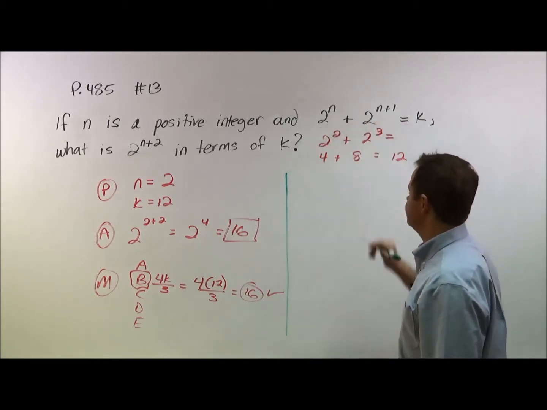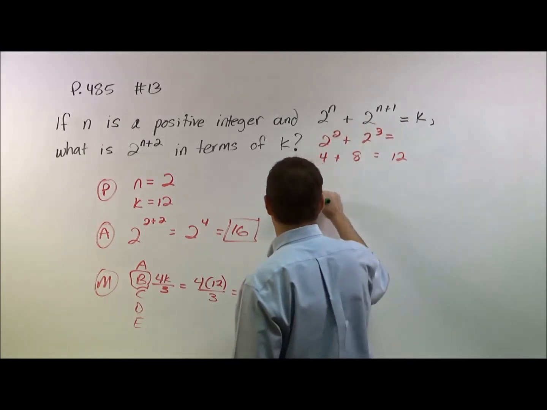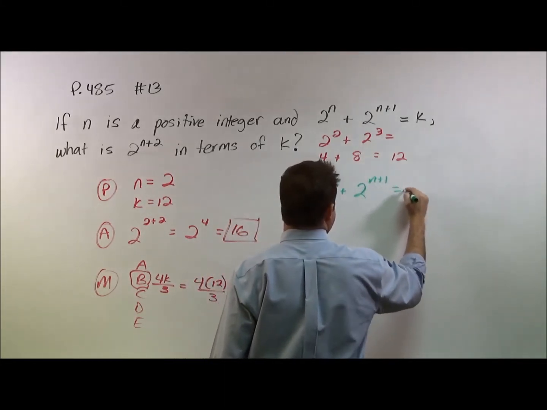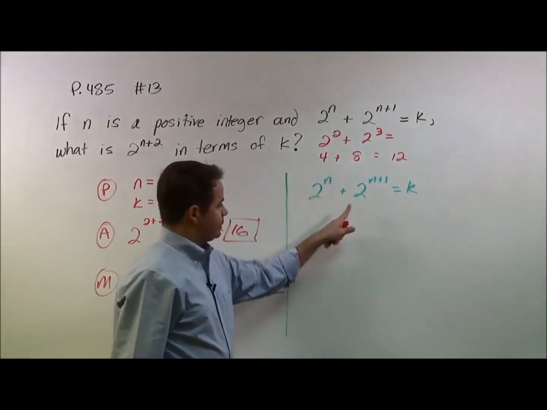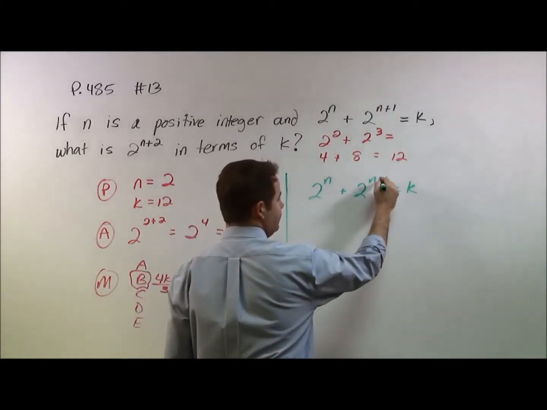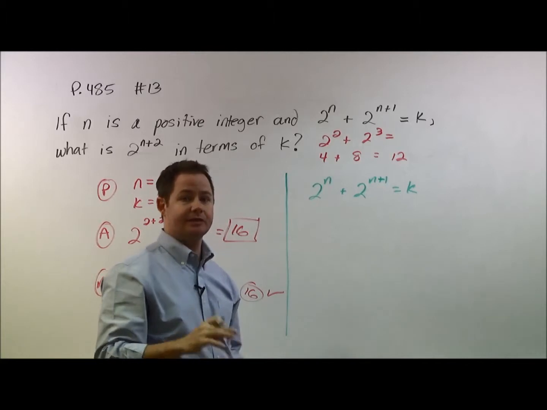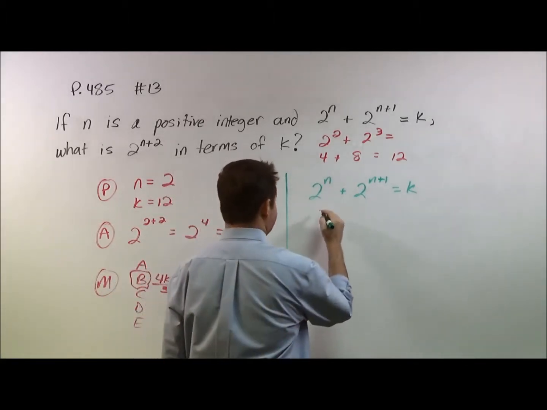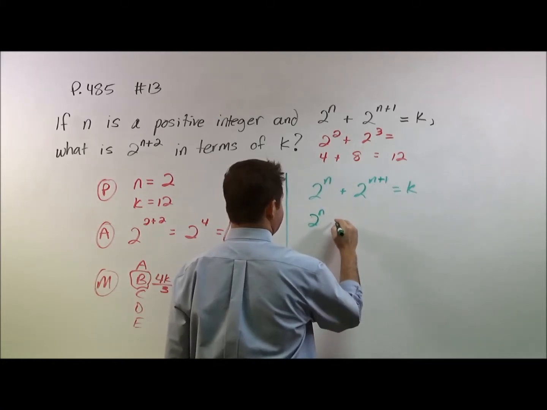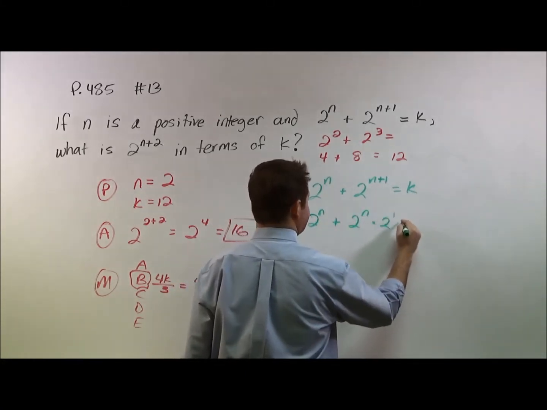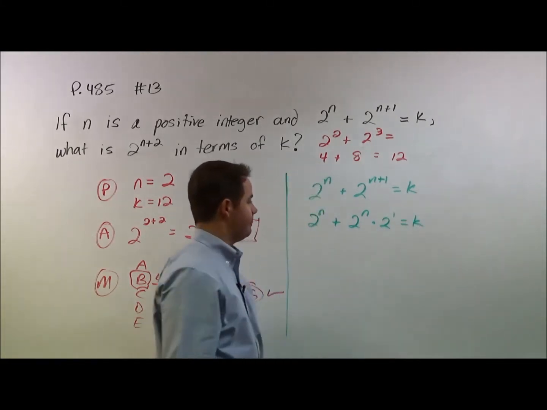2 to the n plus 2 to the n plus 1 equals k. So what we would have to do is we'd have to split this up. An exponent that's being added is the same thing as two separate terms with the same base being multiplied. So this would be the same as saying 2 to the n plus 2 to the n times 2 to the 1 equals k.